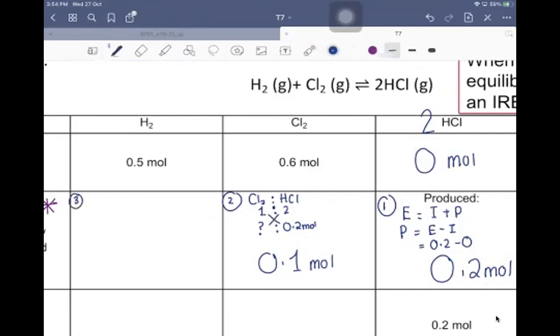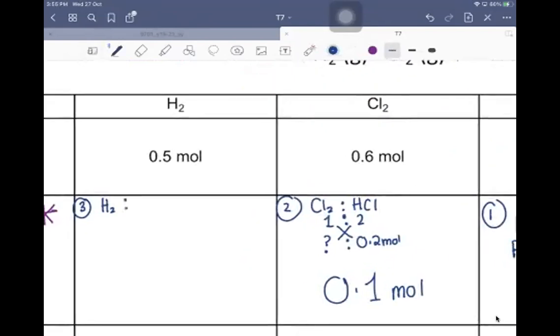There are 2 ways you can look at this. Since you already know the number of moles of chlorine, and we know that chlorine and hydrogen are 1 to 1, the number of moles of hydrogen reacted must also be the same, 0.1 mole. But that is not safe, because what if you didn't get your chlorine right? Then everything will be wrong. So the safest is again to look at the relationship between hydrogen and hydrogen chloride gas.